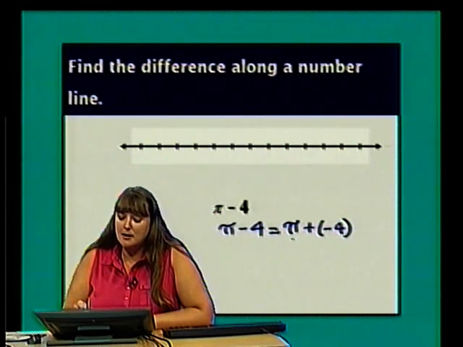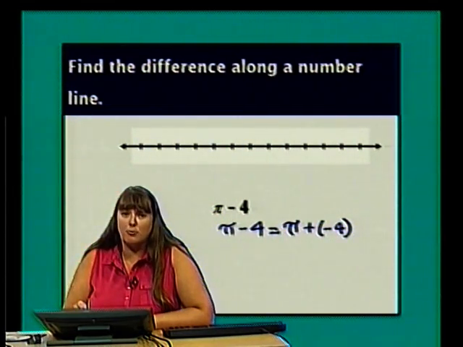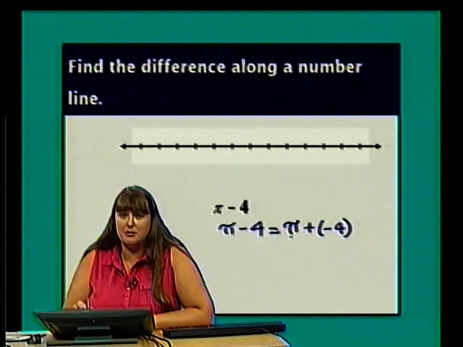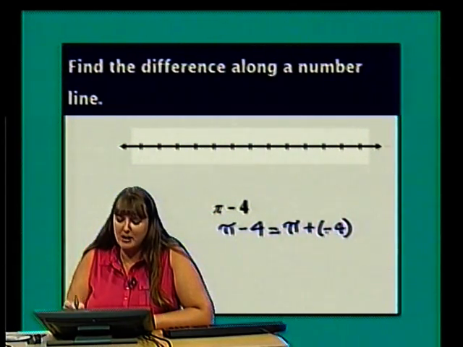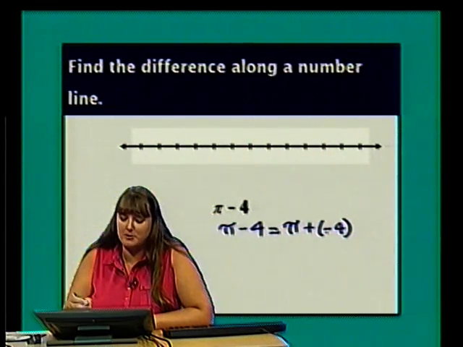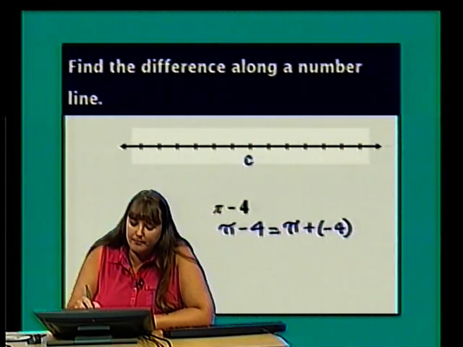So I know when I set up my number line, I'm going to need to move right pi units, which is about 3.14 units. And then the negative 4 tells me I'm going to pick up from pi and move left 4 units. So I think I'm going to have plenty of space if I put 0 about at the middle of the number line.